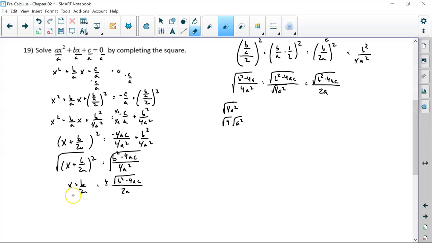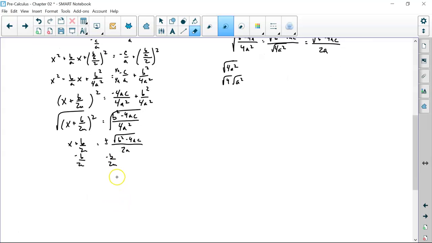And now we can isolate the x by subtracting b over 2a from both sides. So x equals negative b over 2a plus or minus the square root of b squared minus 4ac divided by 2a.